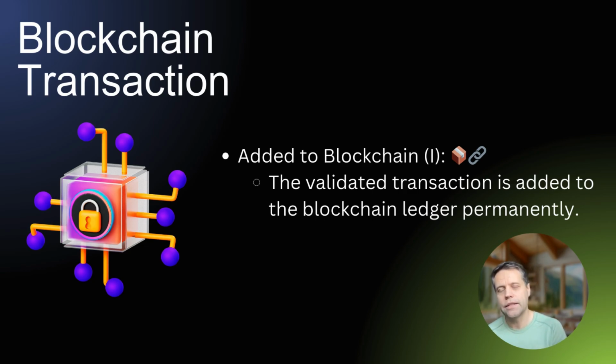Once it's added to the public ledger, the transaction becomes an immutable part of that permanent record. And the blockchain's consensus mechanisms ensure that all nodes, or usually a majority of nodes, agree on that transaction's inclusion into that permanent public blockchain ledger. So, that's pretty much the end.